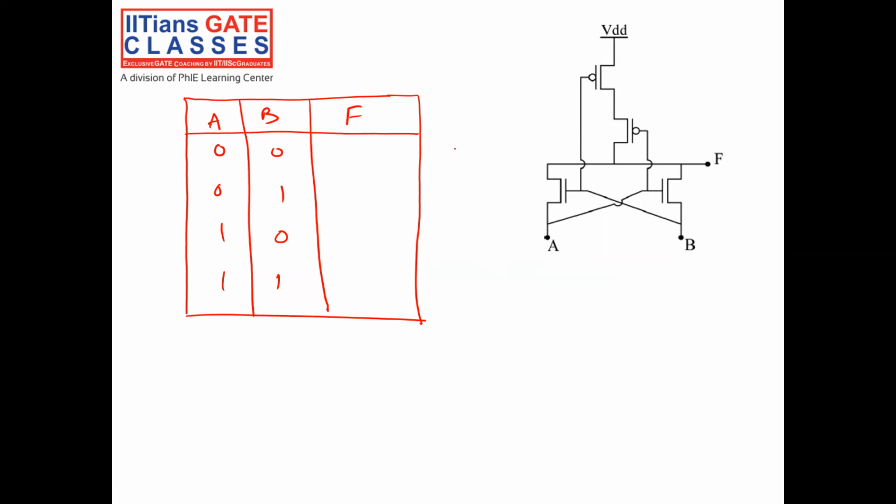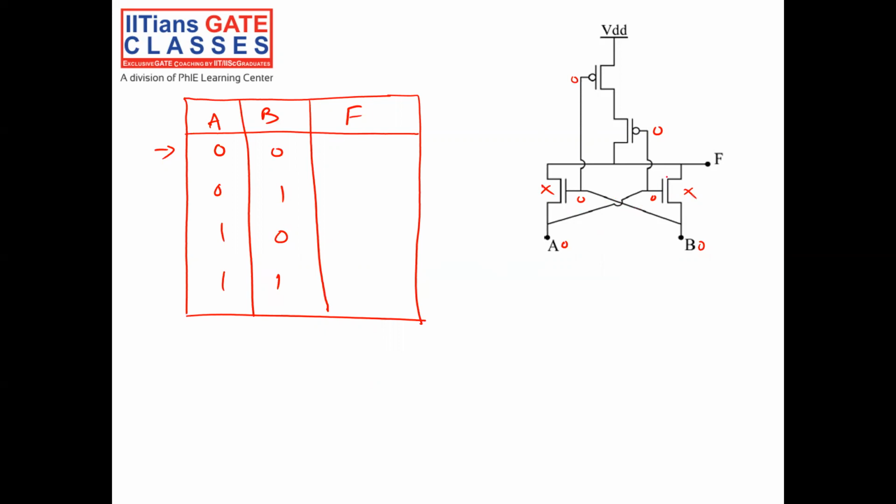First let's take 0 0. If A is 0 and B is 0, then this is 0, this is also 0. Since the gate is 0, this NMOS is off.